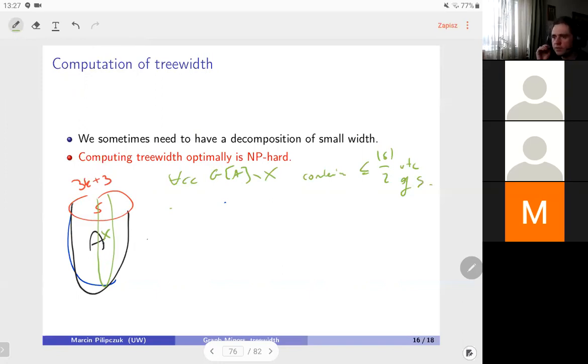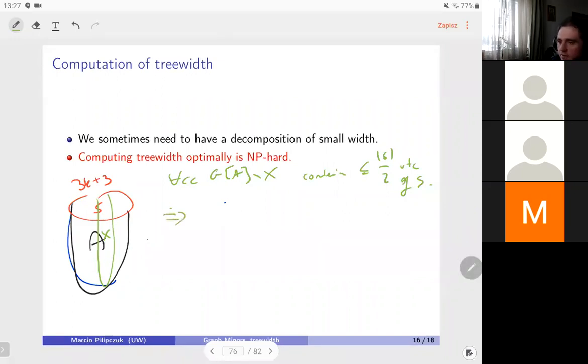What does it mean? There's a simple argument: these components, there can be many of them, but I want to find such X. So what does it mean?